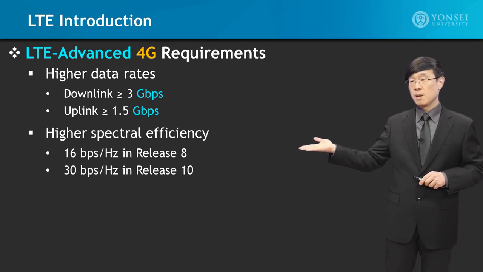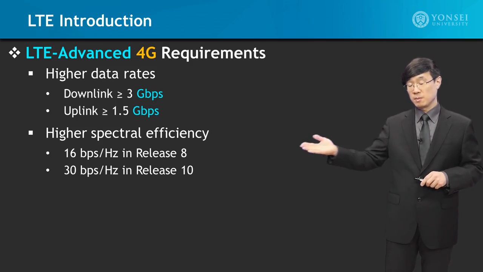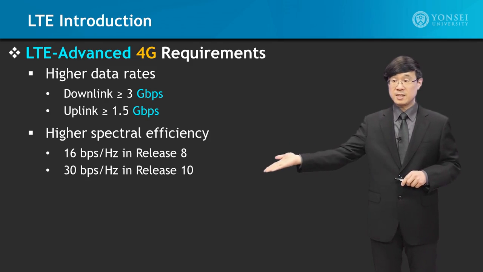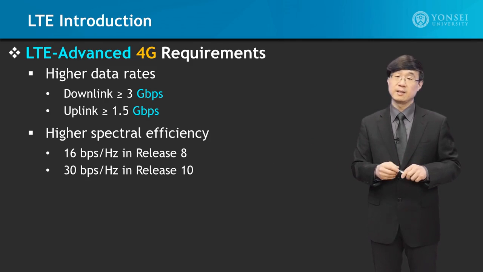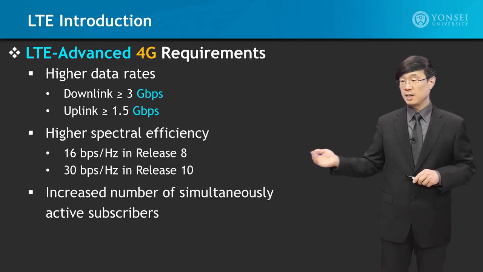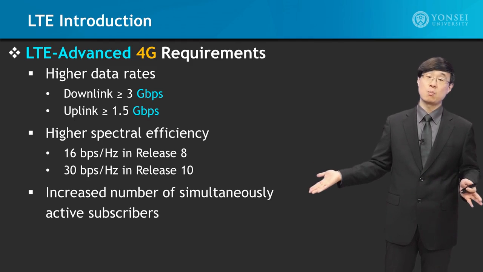In addition, based on Release 8, the spectral efficiency was at 16 bits per second per hertz, where the new Release 10 standards enabled it to go up to 30 bits per second per hertz. And these Release 10 standards are the core standards for LTE-A. In addition, an increased number of simultaneous active subscribers can be supported.